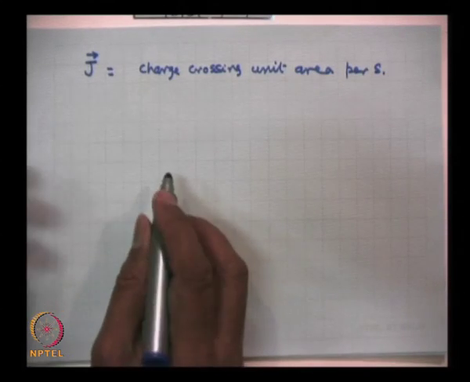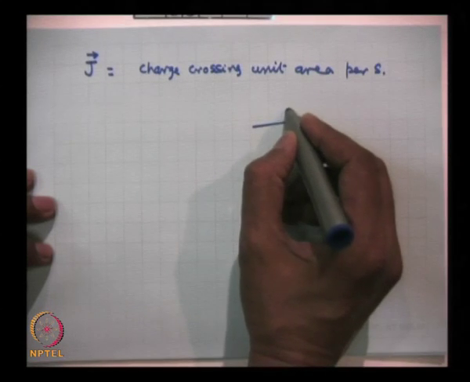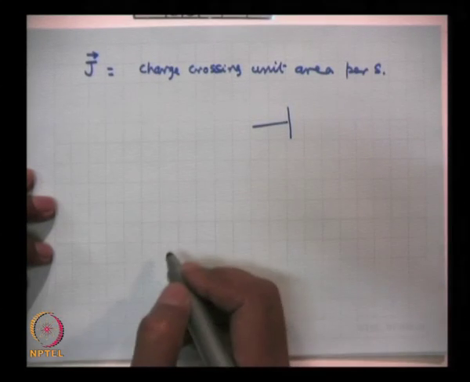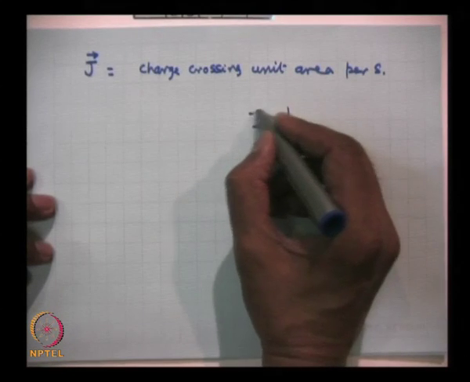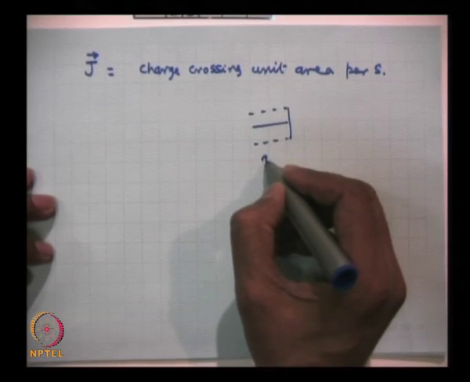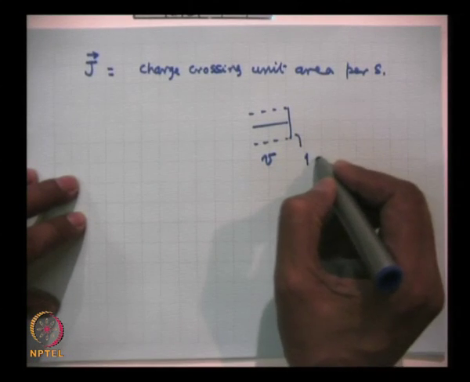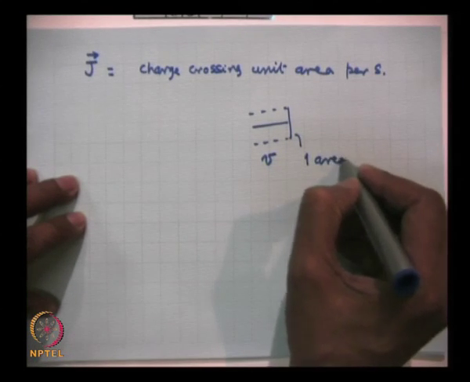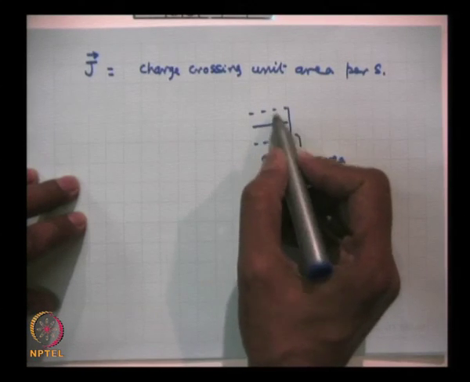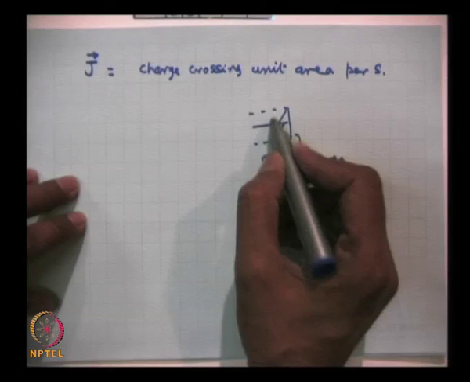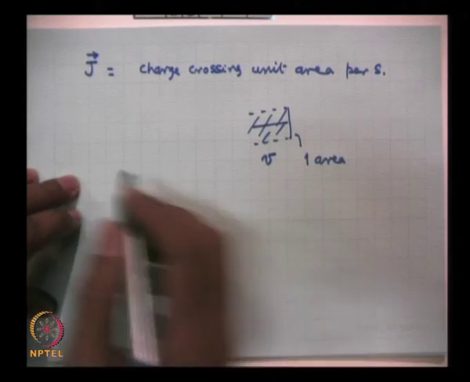So, if my charge is moving with some velocity v, and if I consider an area perpendicular to it, in 1 second all that charge will move which is at a distance less than or equal to v. This is unit cross section. So, all the electrons that are in this volume, a cylinder of unit cross section and length v, they will be crossing this.